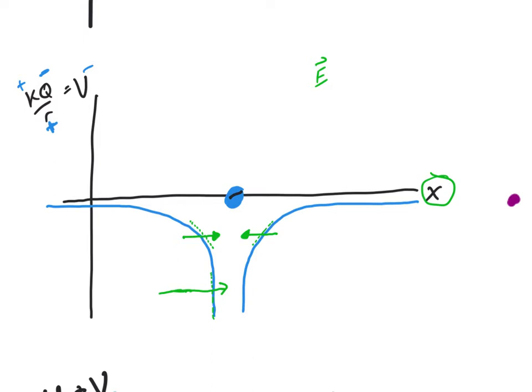Negative slope, positive x hat electric field. And just the opposite on the other side. And much like above, way out here we end up with electric fields of basically zero. Very small, and to the right, and basically zero way out there.